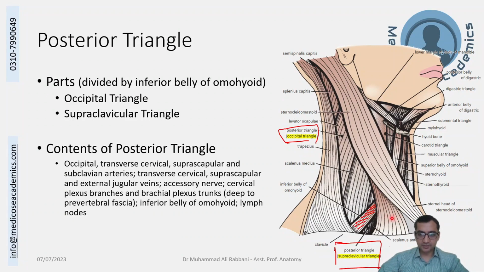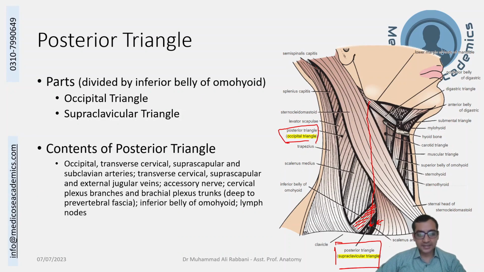Of course, if there is an artery, there will be a vein. And there is the external jugular vein. The external jugular vein moves like this, goes to the back and dips right here.